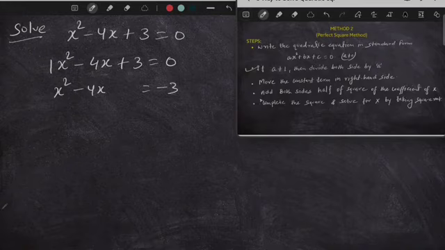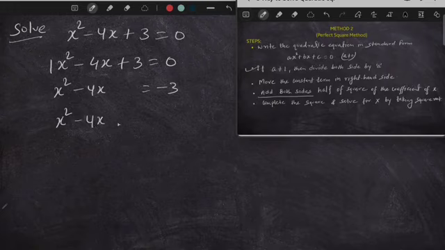Now the next step is to add to both sides the square of half the coefficient of x. The coefficient of x is 4. Half of 4 is 2 and the square is 2 square. Add to both sides.